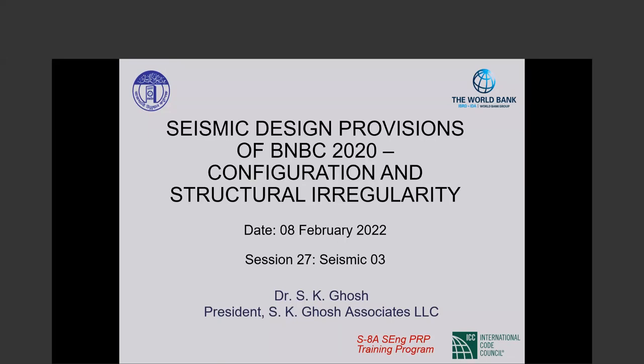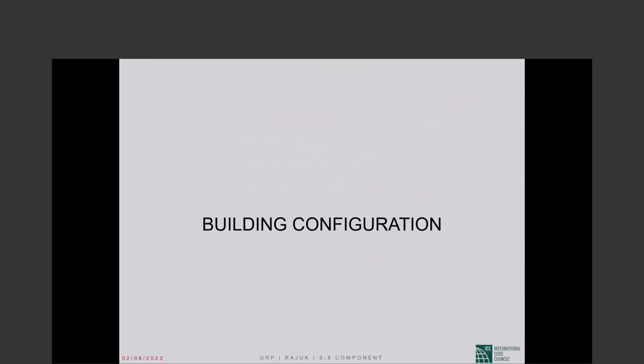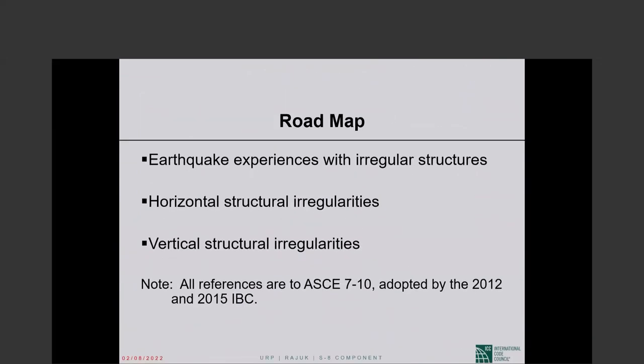So we will go into a discussion of building configuration and structural irregularities. This is again not a short presentation. Anyway, this is what we will look at in this segment: earthquake experiences with irregular structures, horizontal structural irregularities that came up in discussion yesterday, and vertical structural irregularities.